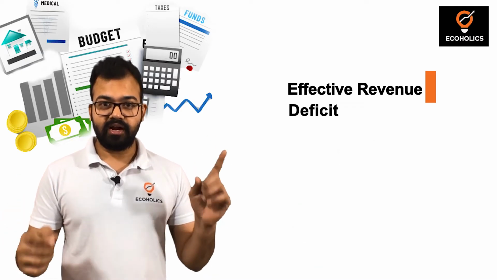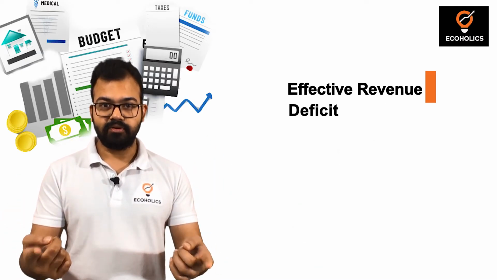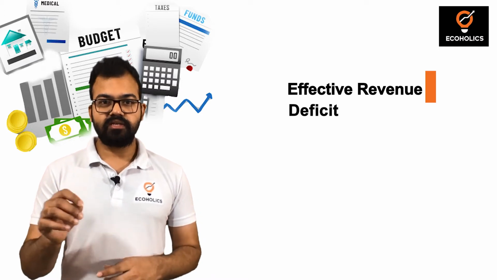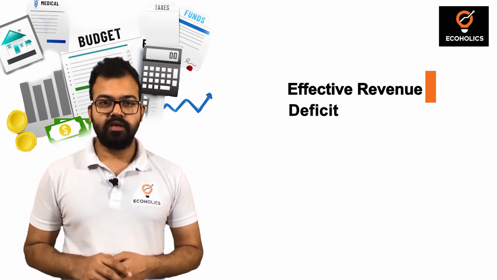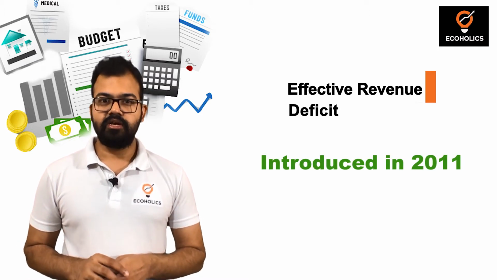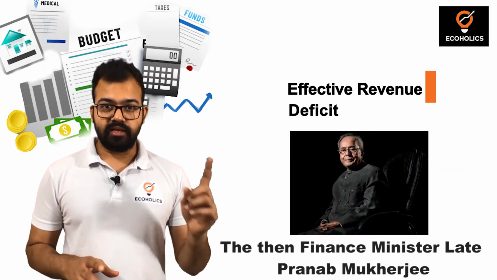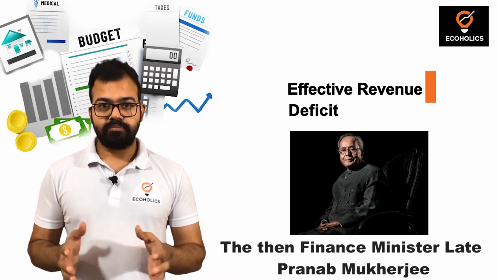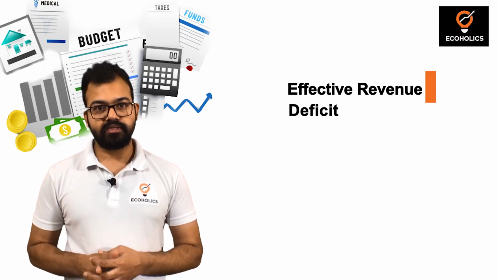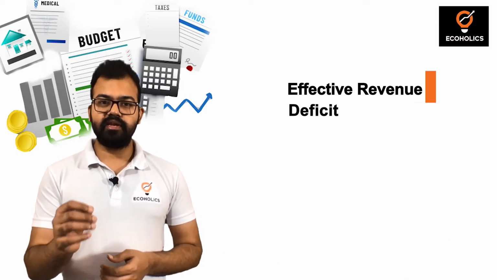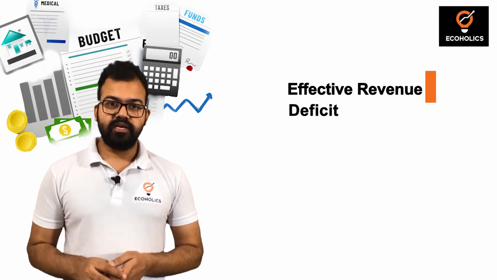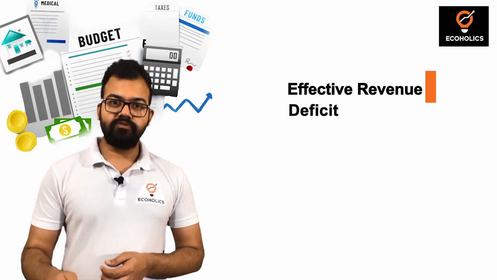But for your father, 100 rupees is revenue expenditure. Okay, I hope you can understand. This effective revenue deficit concept was introduced for the first time in the year 2011 by the then finance minister, late Pranab Mukherjee.